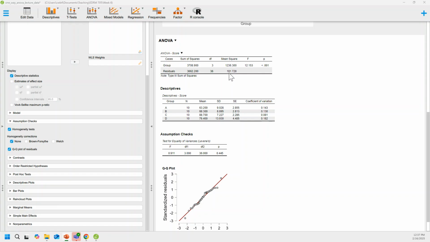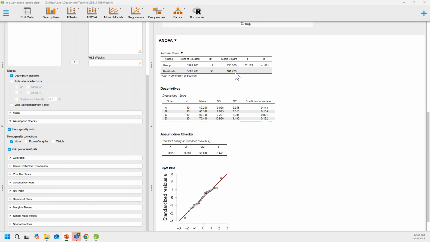I also want to show you something else. These two mean squares are nothing more than the sum of squares divided by the degrees of freedom. So if I took this sum of squares here, 3708.9, and divided it by 3, I'd get this 1236.3. And if I took this 3662.2 divided by the degrees of freedom 36, I get that 101.728.